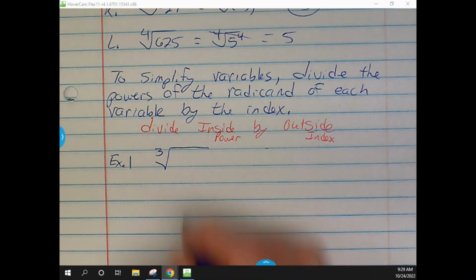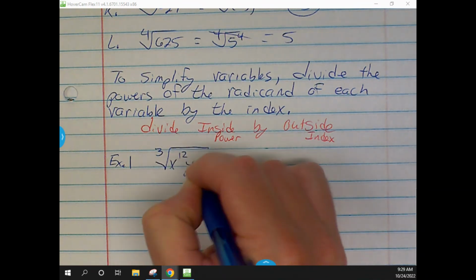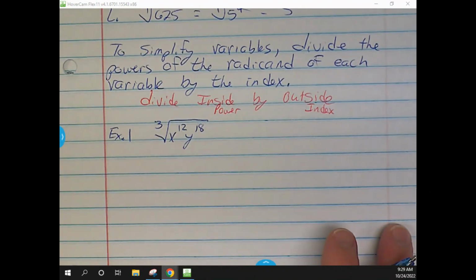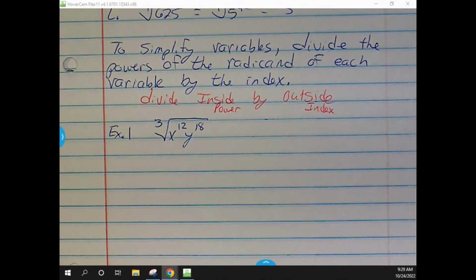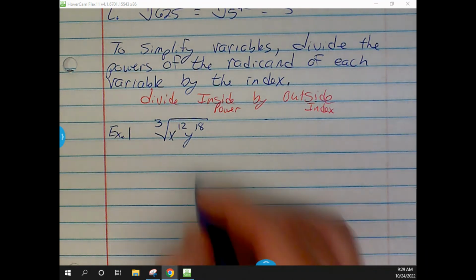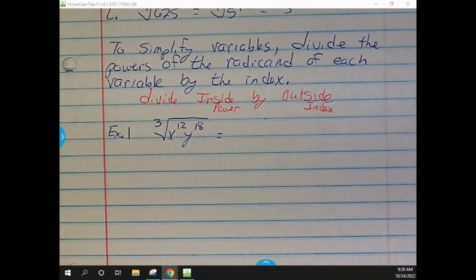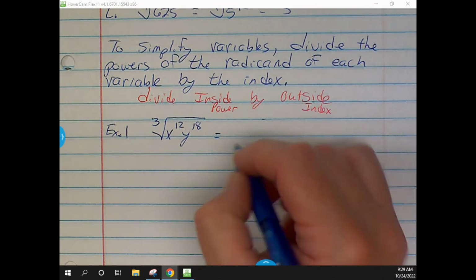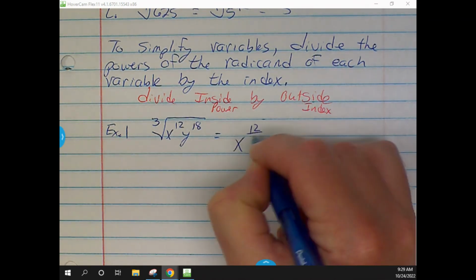So we're going to do the third root of x to the 12th and y to the 18th. All we're going to do for x is take 12 and divide it by 3.